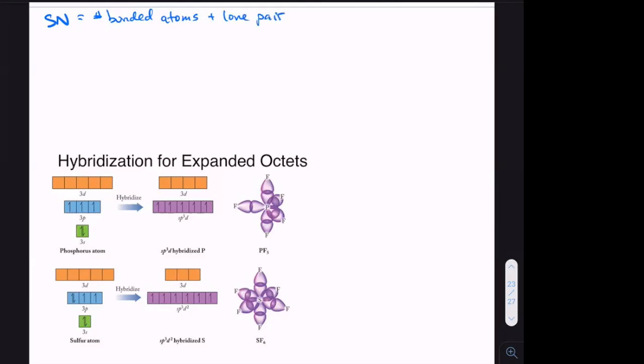I mean, I've been describing it as packets of electron pairs, but those packets could be in shared pairs or they could be in lone pairs. And a single bond, a double bond, a triple bond, that's still one packet of shared electrons. Now, as you've learned, the steric number is also going to be the number of hybrid orbitals.